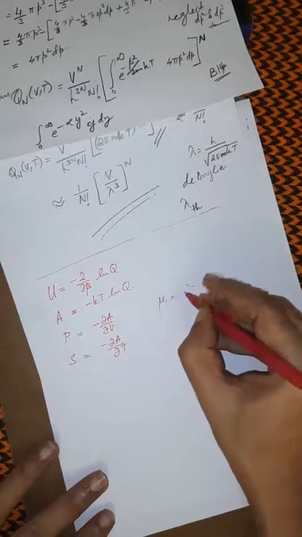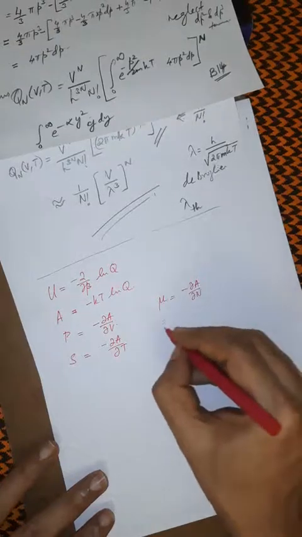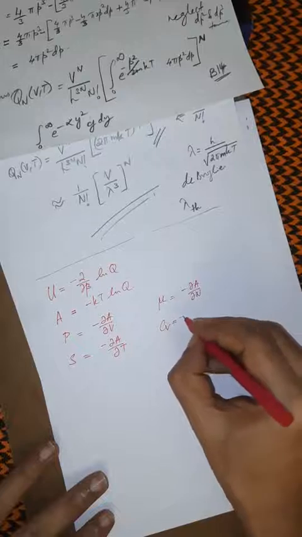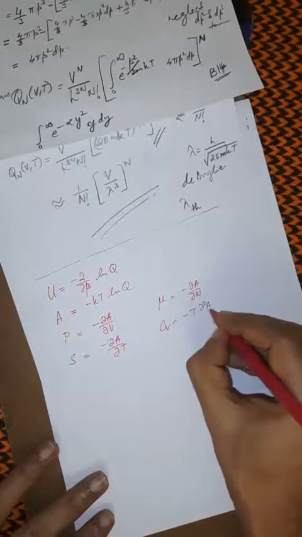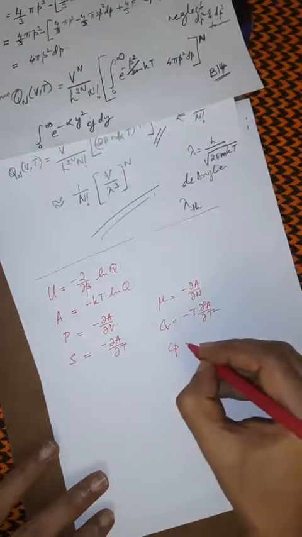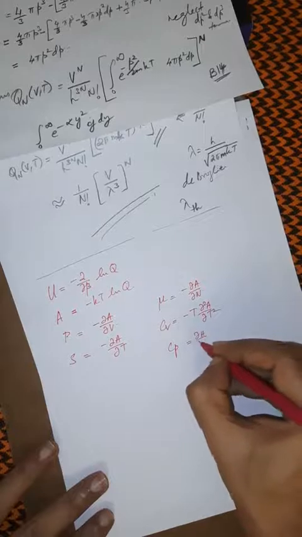Mu is equal to minus dou A by dou N, and specified at constant volume, Cv is equal to minus T into dou squared A by dou T squared, and specified at constant pressure, Cp is equal to dou H by dou T.